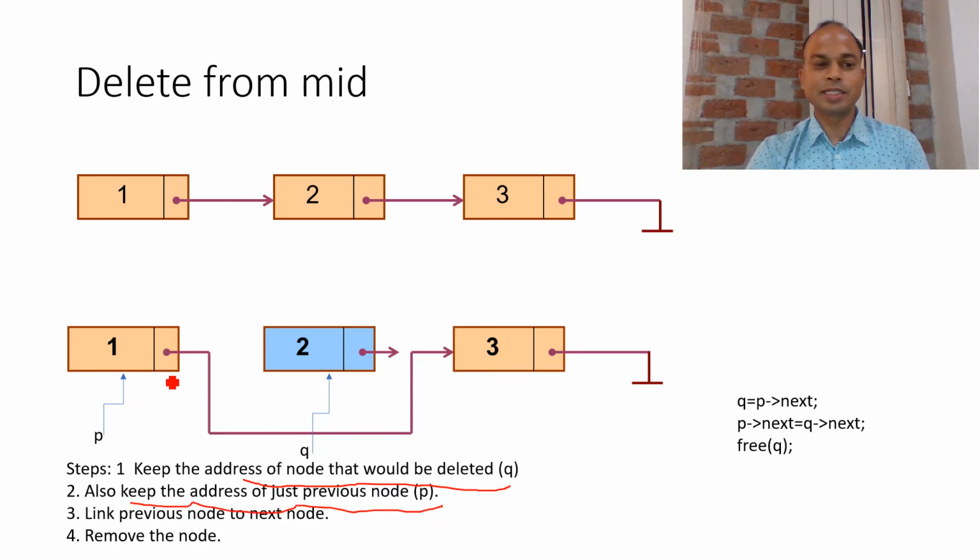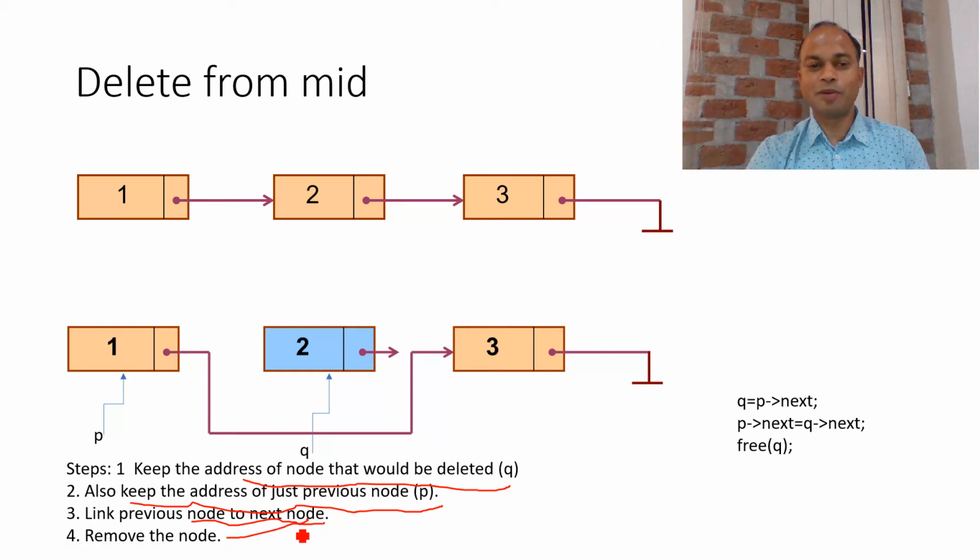Here, this is our just previous node. This node we want to delete, and the just previous node is this one. So we also have to retain the address of the just previous node. Now link the previous node to the next node. This is our previous node, and this is our next node. The previous node is linked to the next node. After this linking, we can delete this node to remove it.